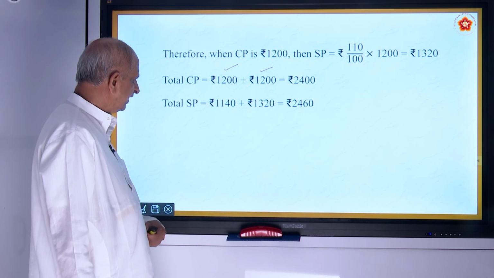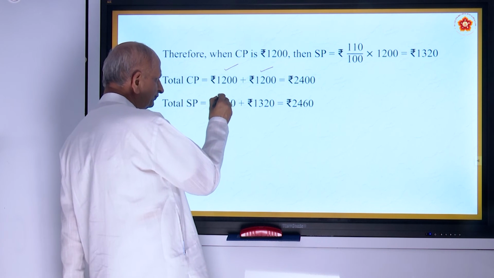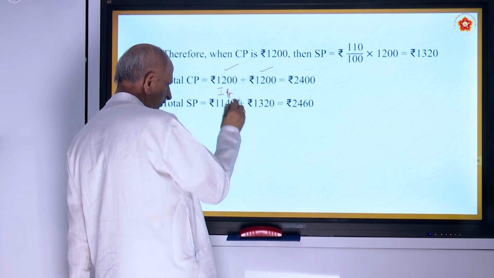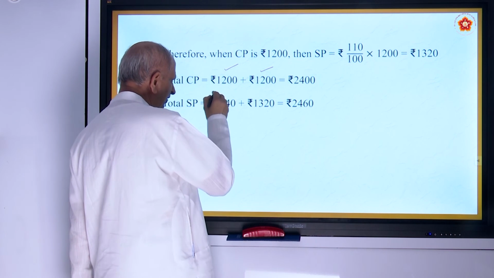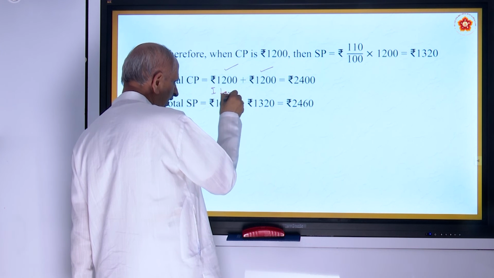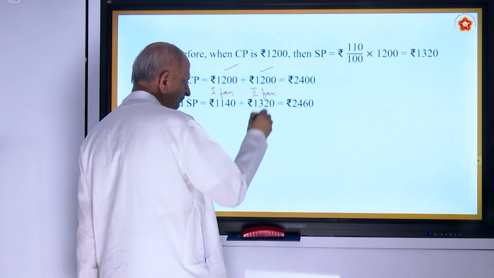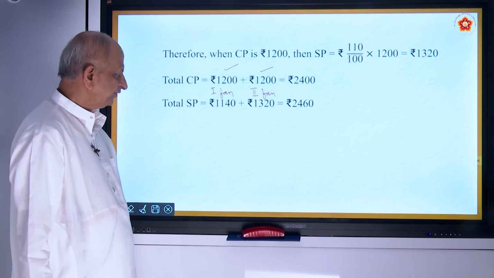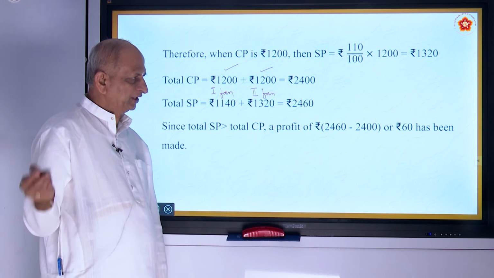And selling price, this is the first fan sold at loss, and the second fan sold at profit. Totally how much does it become? 2460.